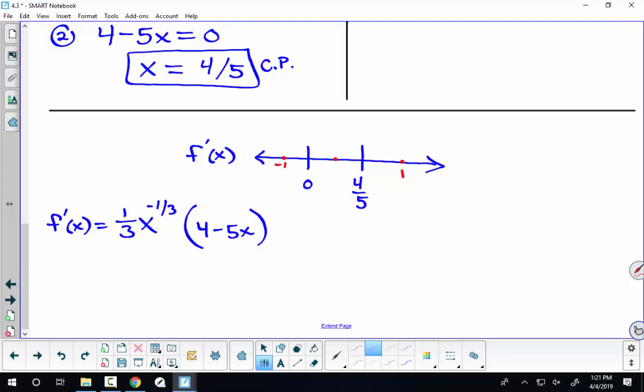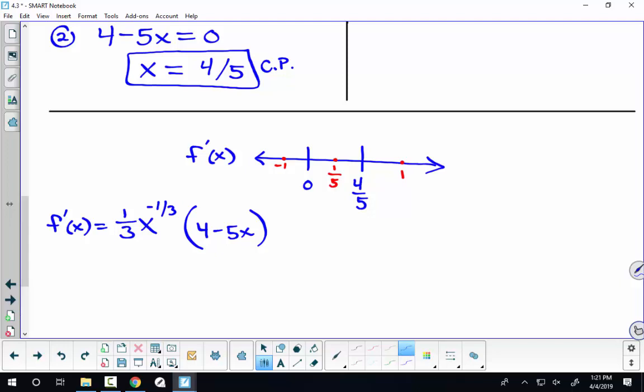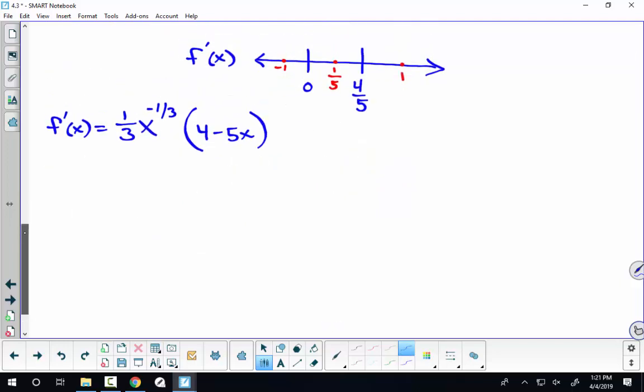You can do 1/5 over here. So we're evaluating f prime of those three values: -1, f prime of 1/5, and f prime of 1.